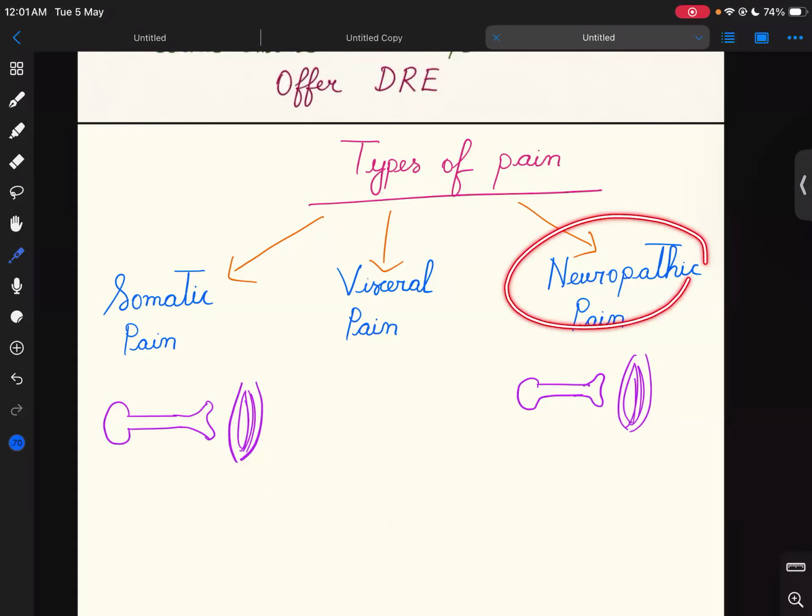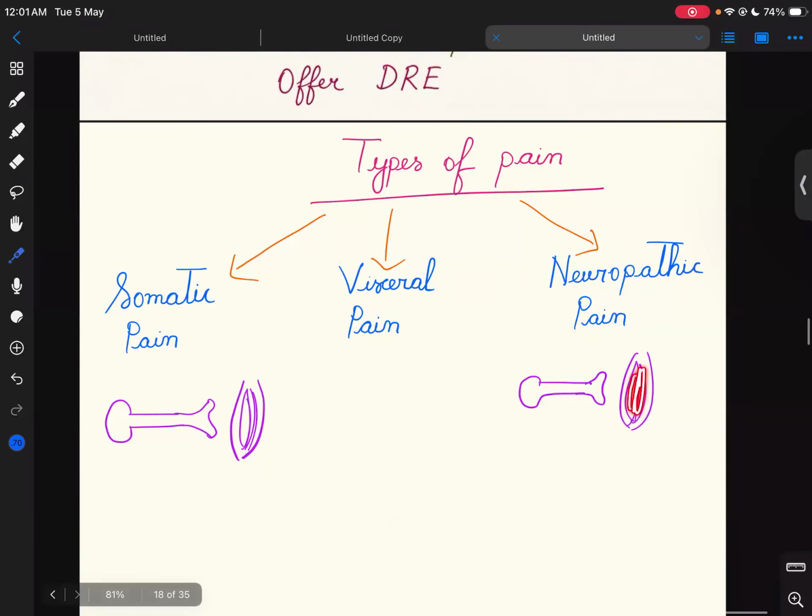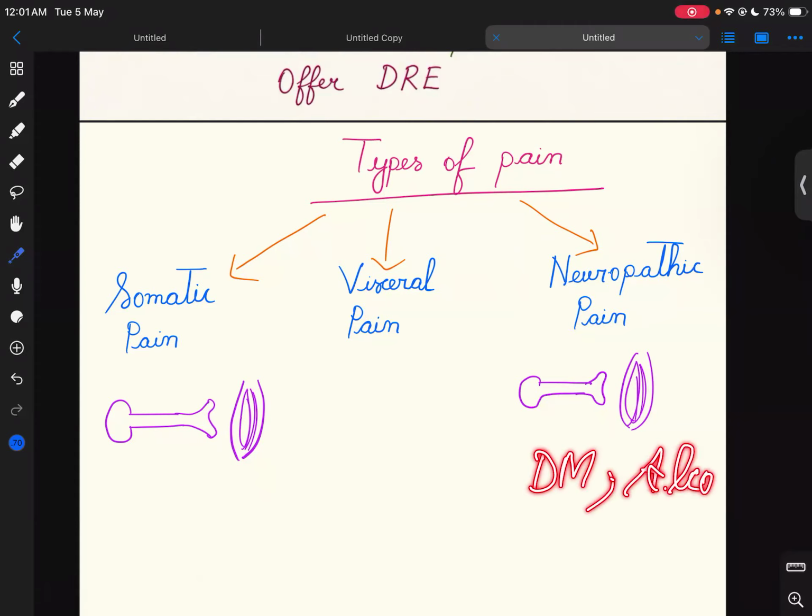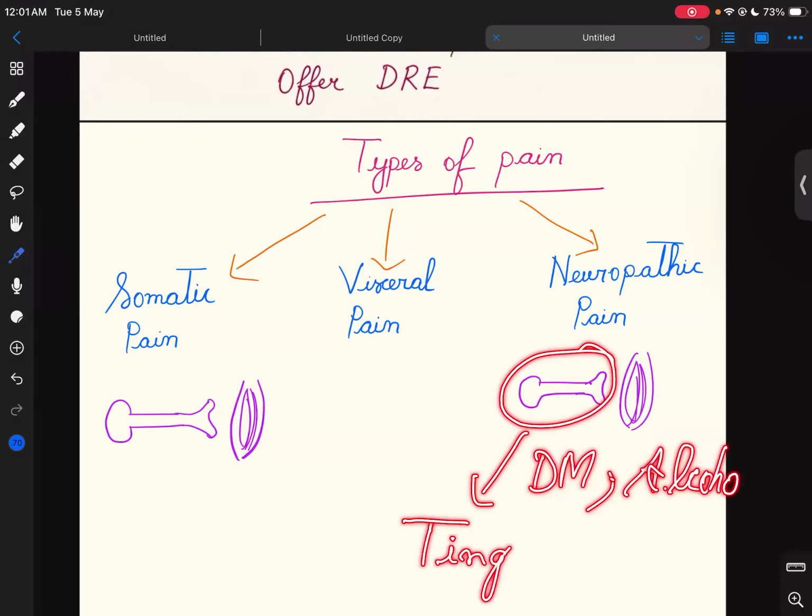In case of neuropathic pain, the problem does not happen with the muscle. The problem happens with the nerve itself. This can happen in any peripheral neuropathy, like diabetic or alcoholic. The type of pain the patient will feel is tingling, numbness, burning type of pain.